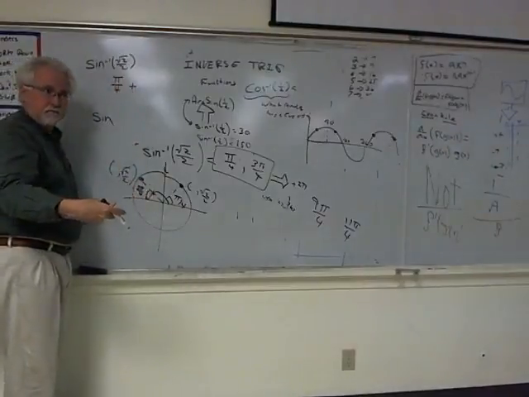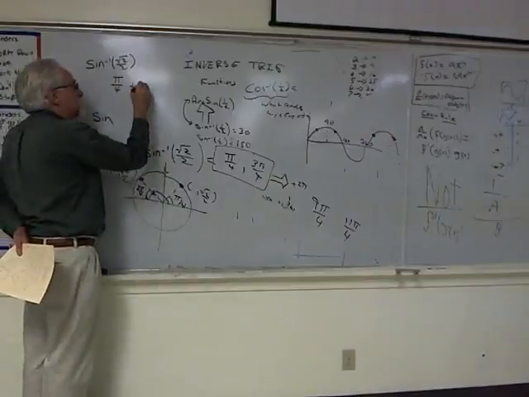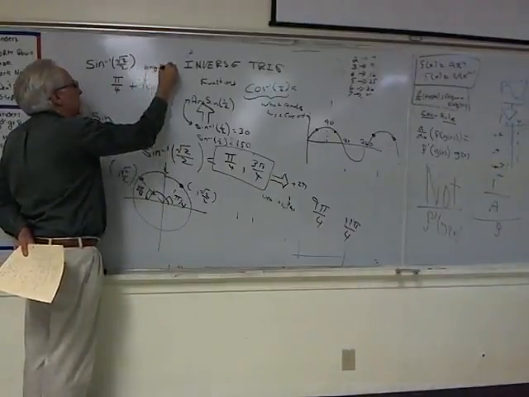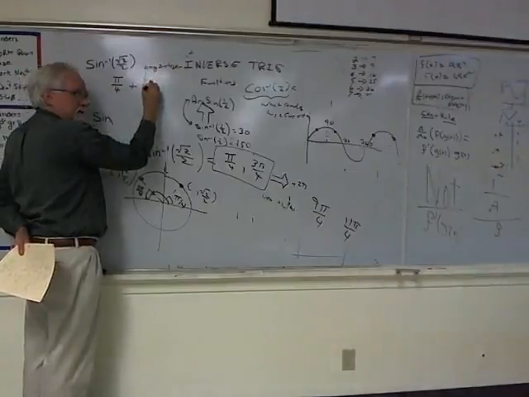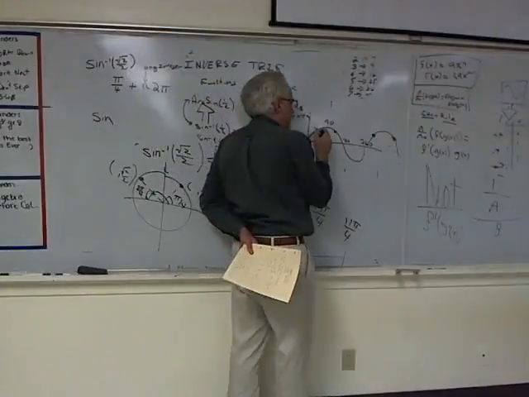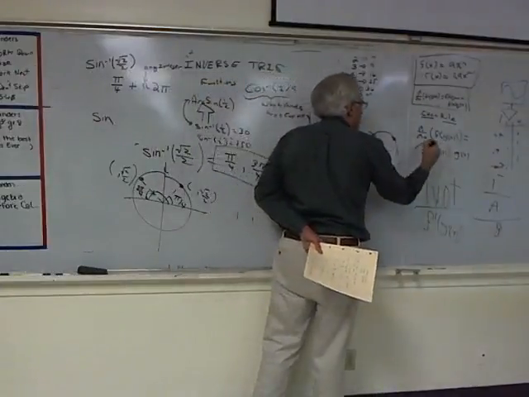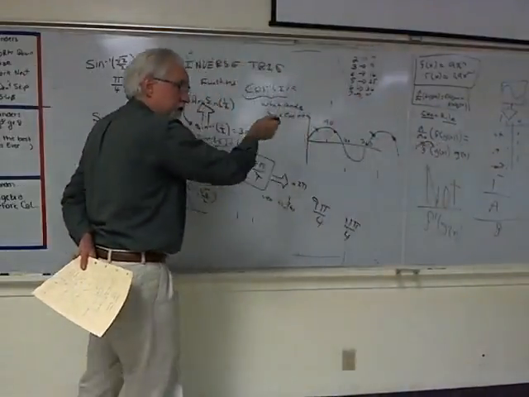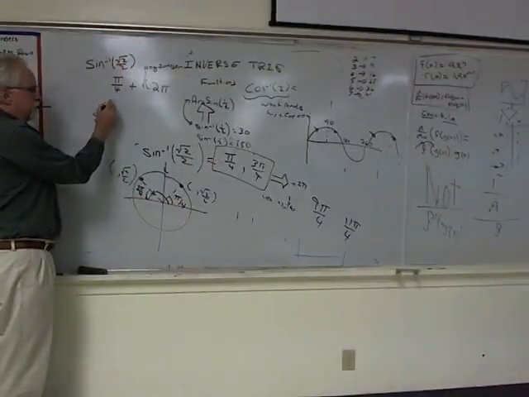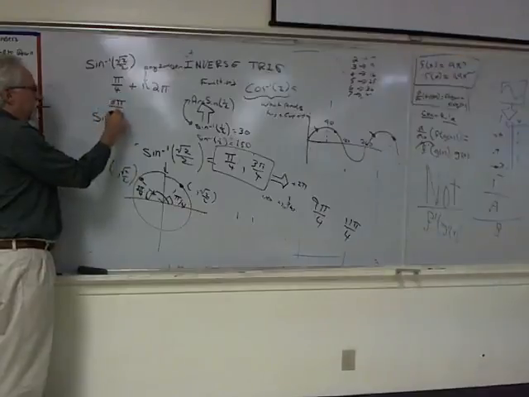On that one, how many solutions are there, Anthony? 2. One here and one here. Because this is a y value of the square root of 2 over 2, and a y value of the square root of 2 over 2. And if you look at your unit circle, you'll see that, right?